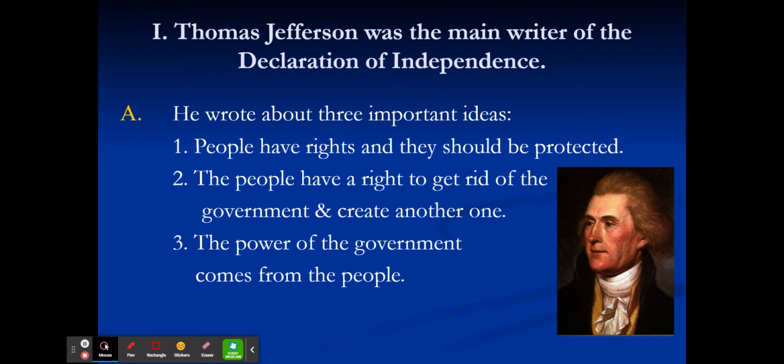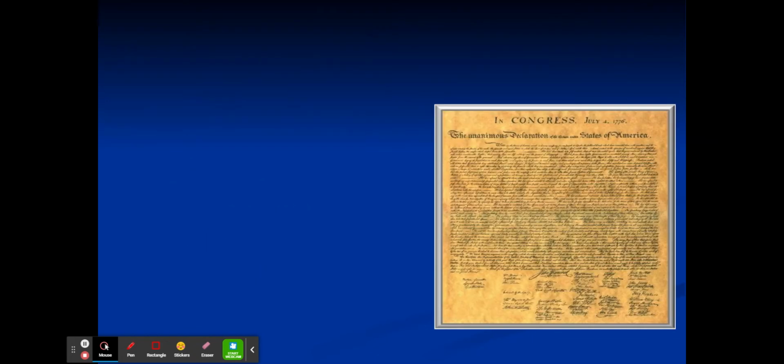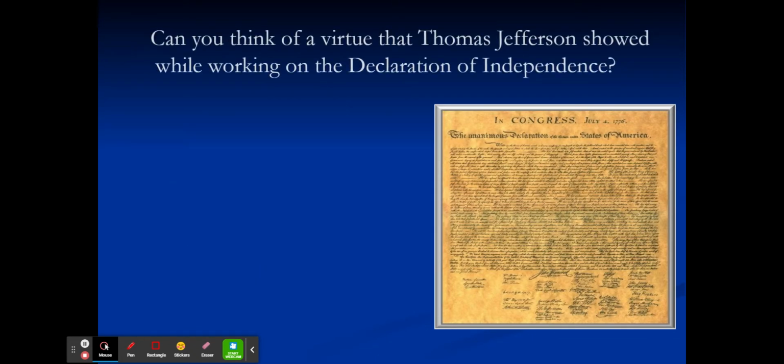These are three really important ideas and are still today, over 200 years later, very important ideas. Now, Thomas Jefferson did also say that a limited government depends on the consent of the people. You'll hear more in a few moments about limited government. But first, let's talk for a moment about virtue.